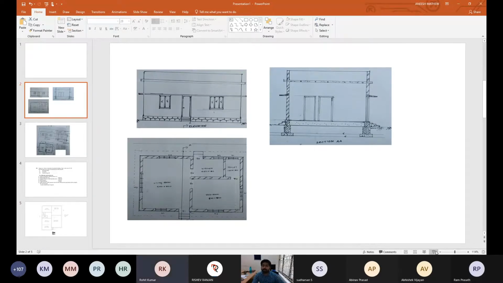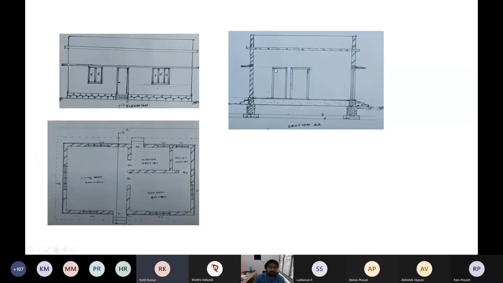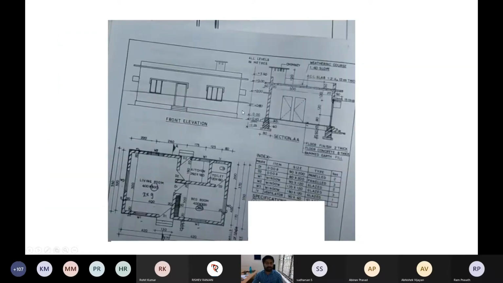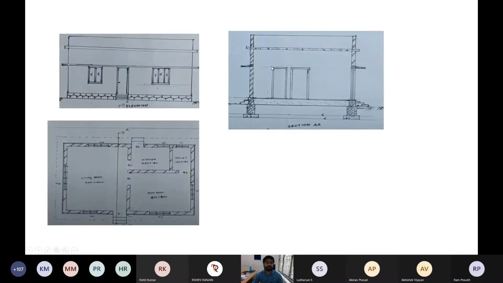You see. Yes, sir. You imagine that normally when fixing the door, the door frame is there. So in the front elevation, you can show this door frame in this way only. Whatever you are seeing there, that is a simple dimension.